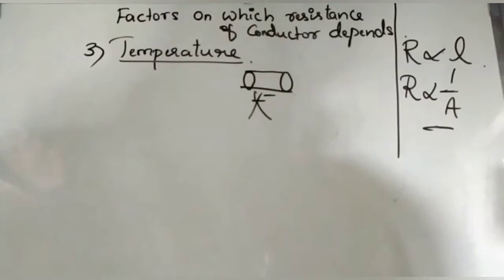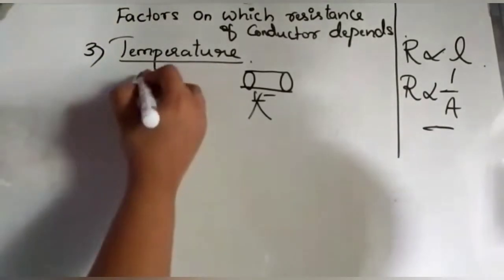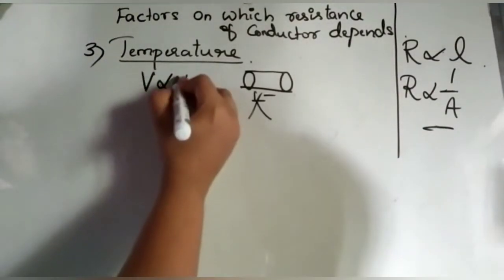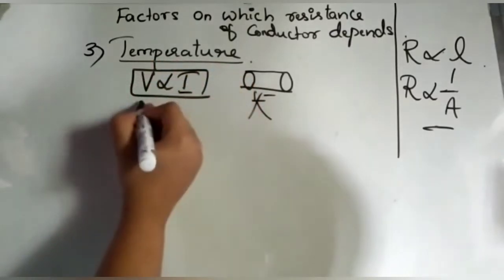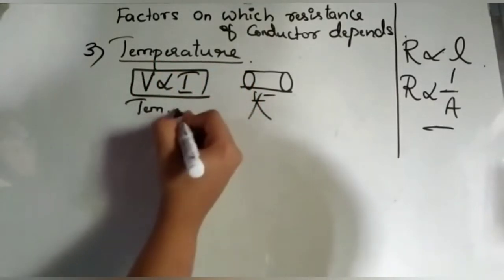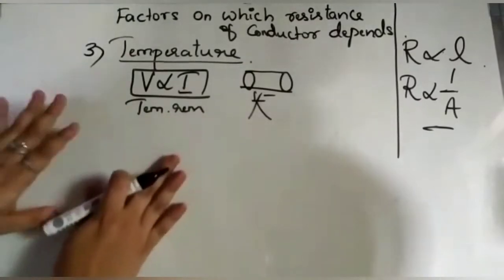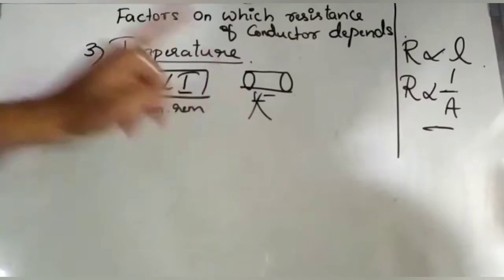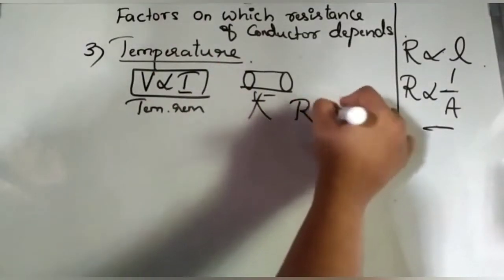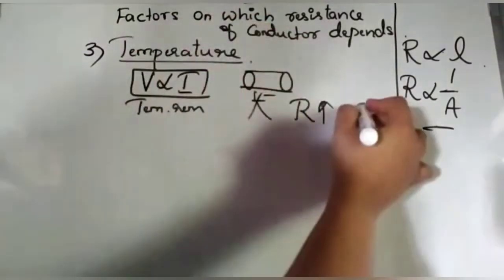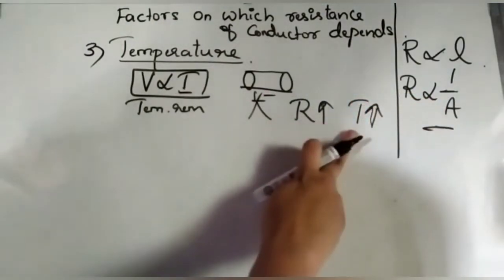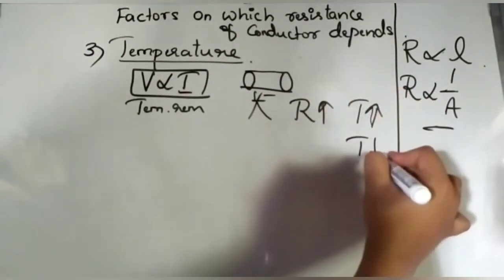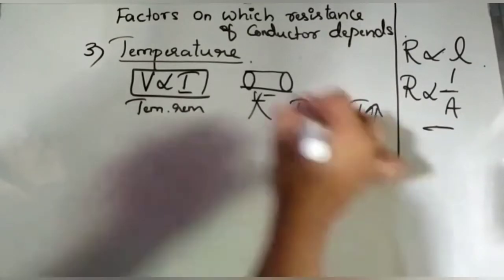I said in Ohm's law that V is directly proportional to I only as long as the temperature remains constant. That means if the temperature of a conductor is increased, there is a variation in its resistance. If I increase the temperature, resistance will also increase. If the temperature is decreased, resistance will also decrease.